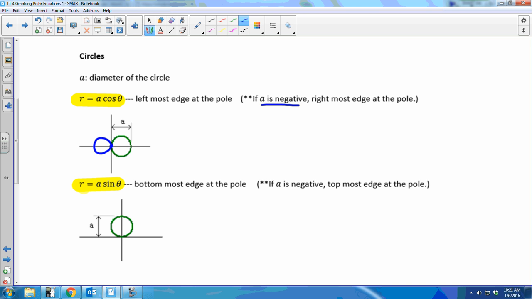We all know I can't draw anything. If you have a polar equation with sine that's going to make a circle, then the bottom part will touch the pole. If A was negative, then the top part would touch the pole. Okay? So again, you have an idea about what it's going to look like before you even graph it. Okay? Questions about that?